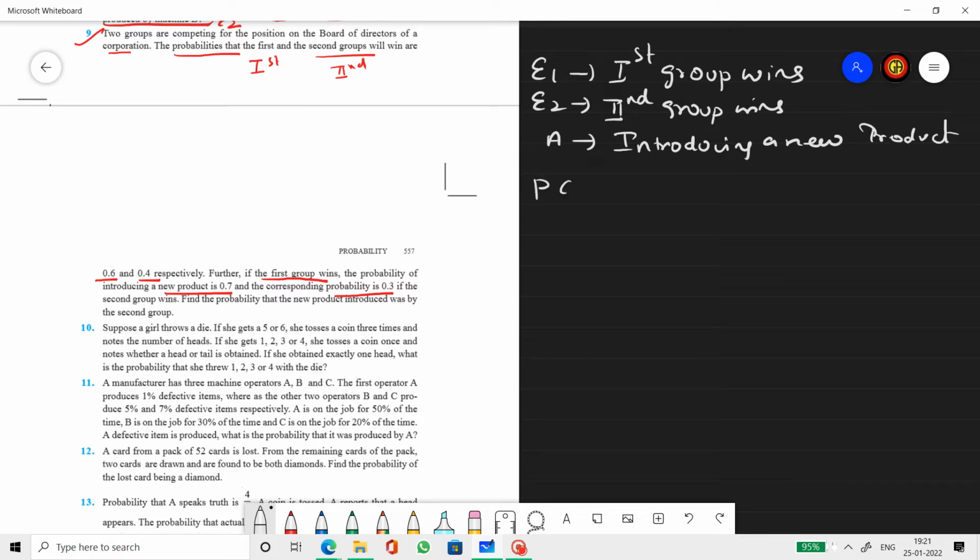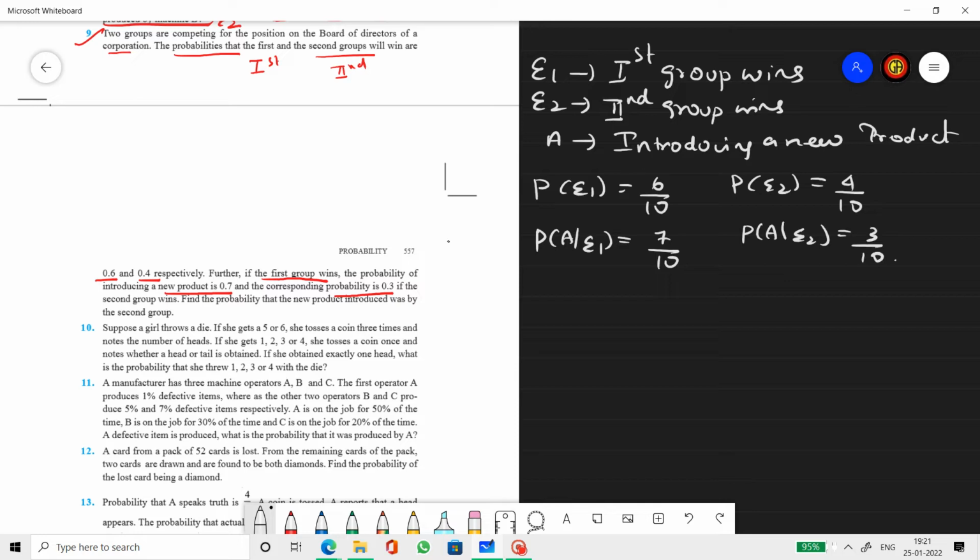So P of E1, first group winning, is, as per the question, 6 by 10. And P of E2, second group winning, is 4 by 10. P of A given E1, group 1 wins and they introduce the scheme, is 0.7 or 7 by 10. And P of A given E2 is 3 by 10.